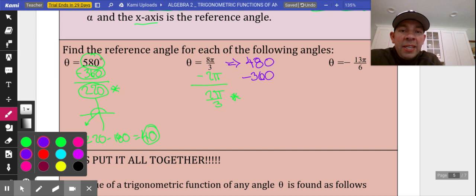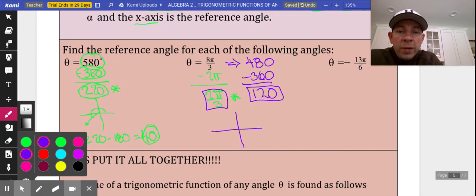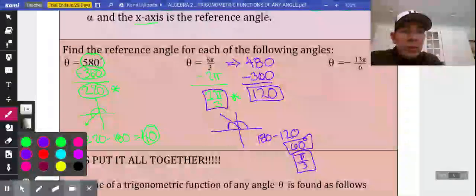Subtract 360 is going to give you 120. So whether you express it in radians or in degrees, you're going to get the same answer. If you draw 120, that's going to put you right here. Your reference angle's right here. 180 minus 120 gives you a reference angle of 60 degrees, or you could say pi over 3 radians, depending on how they wanted the answer.